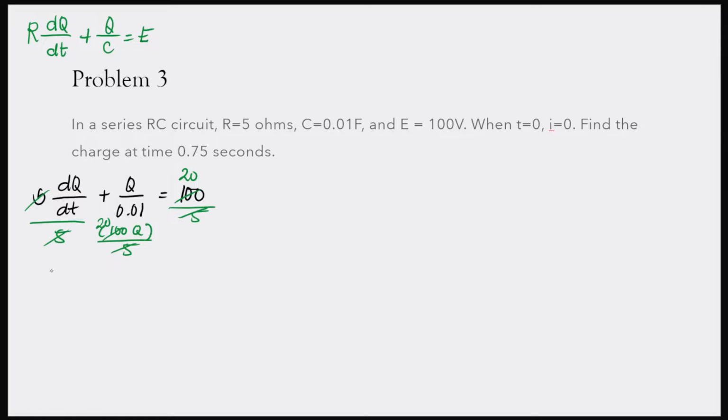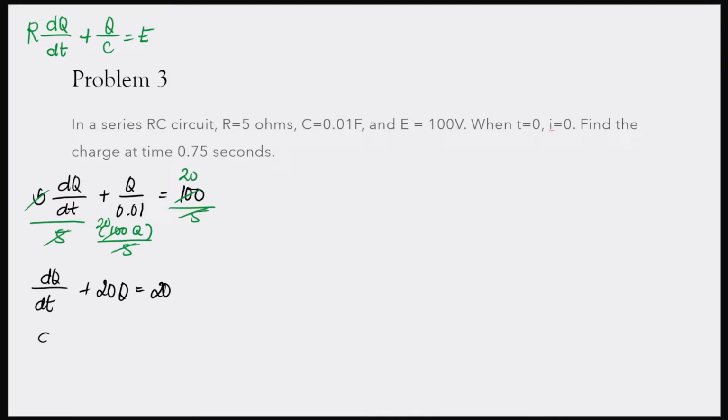Therefore, our differential equation will be dq over dt plus 20q is equal to 20. We can solve this again using linear or using variable separable. At first we used linear, so here let's try variable separable.